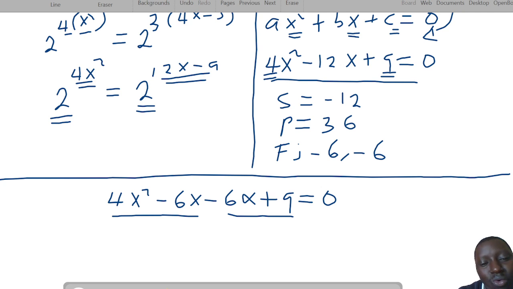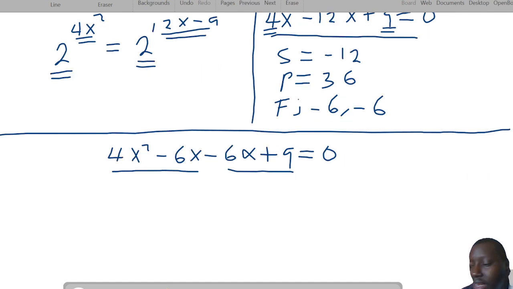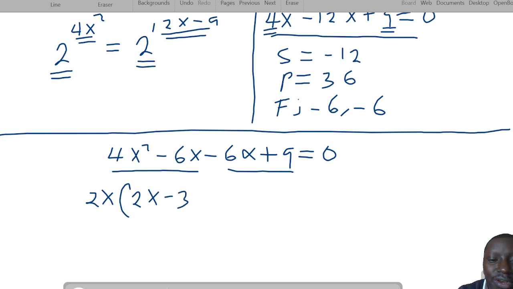So class, what's common between 4x squared and 6x is 2x. So that means that I pull out 2x, and if I pull out 2x from 4x squared, I'll be left with 2x. And if I pull out 2x from 6x, I should be able to remain with 3. And you know now what is common between 6x and the 9 is 3.